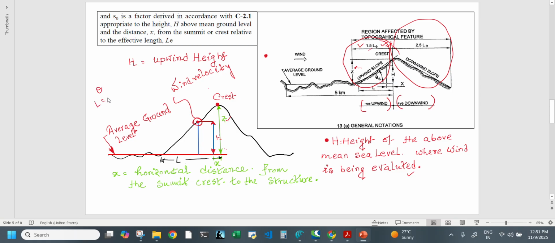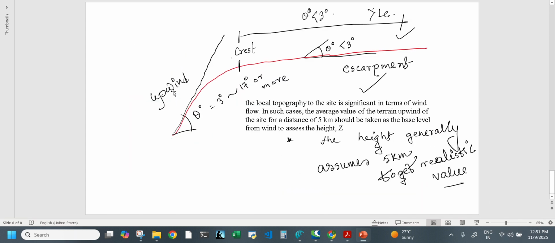L is a factor of theta degree, and LE is equal to L when theta is greater than 3 degree and less than 17 degree, and LE is equal to Z by 0.3 when theta is greater than 17 degree.